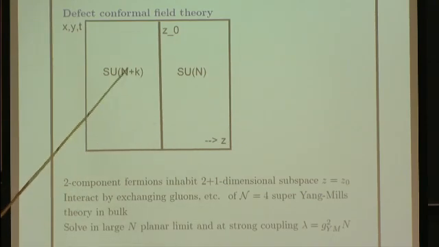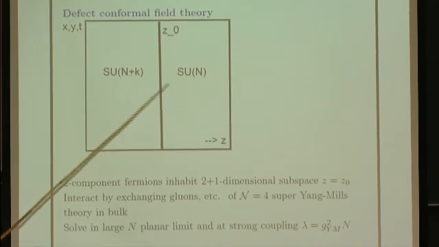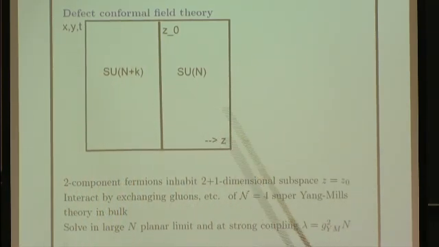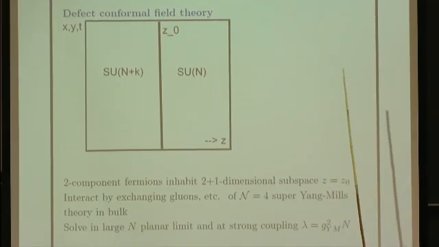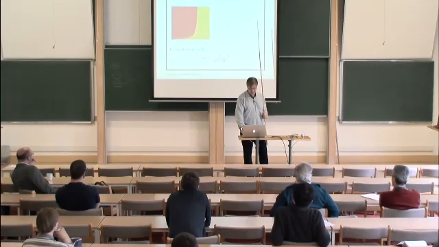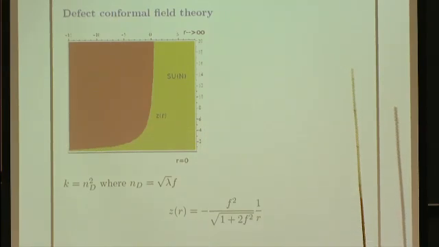And at large N, N is much bigger than k, so it's barely noticeable. Diagrammatically it wouldn't be noticeable, but that's because k is like the number of Dirac monopoles squared, which is much less than N. So it's barely noticeable, but still has a non-trivial effect when you go to strong coupling.